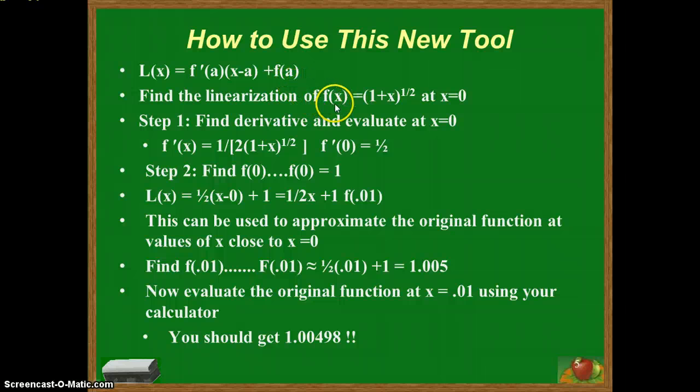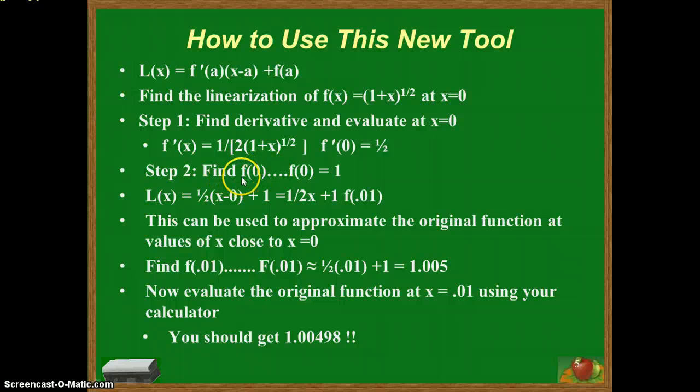Let's find the linearization of f of x equals (1 plus x) to the 1/2 at x equals 0. So a would be 0 here. Step 1, find the derivative and evaluate at x equals 0. f prime of x is 1 over 2 times the square root of 1 plus x. f prime of 0 is 1/2.